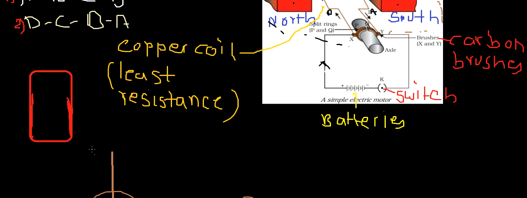Then the armature is placed like this, and here comes the axle. So here is the cylindrical axle, then all the carbon brushes and the rest come here, and they are connected. A small wire can be connected here, and the two terminals of the wire are let out of this cylindrical tube.